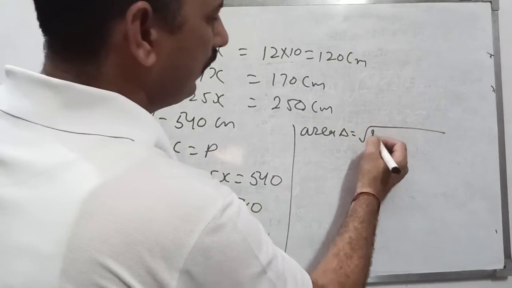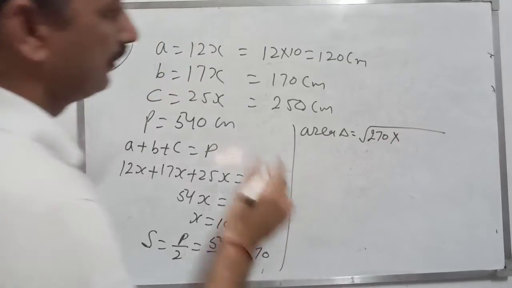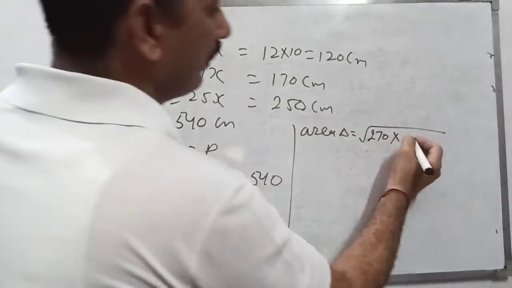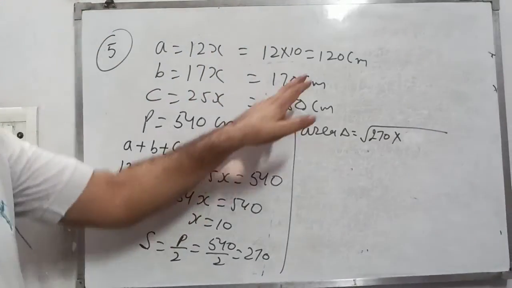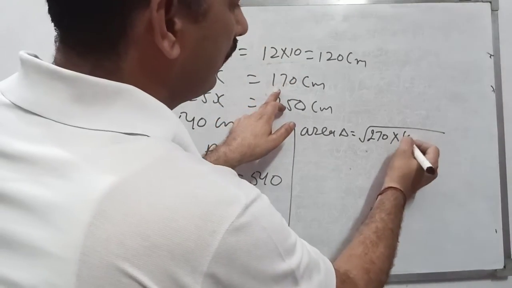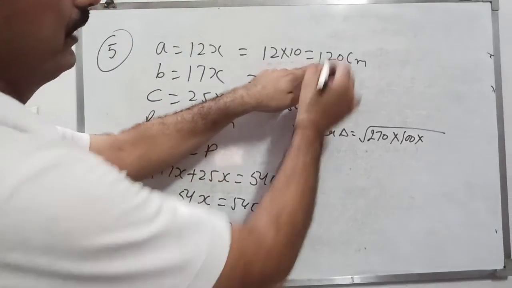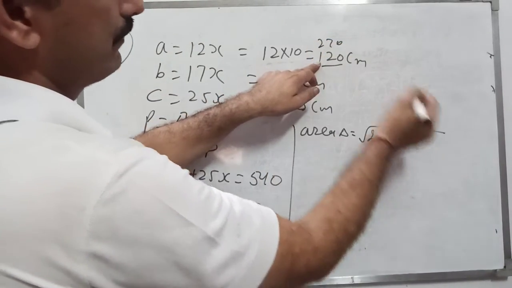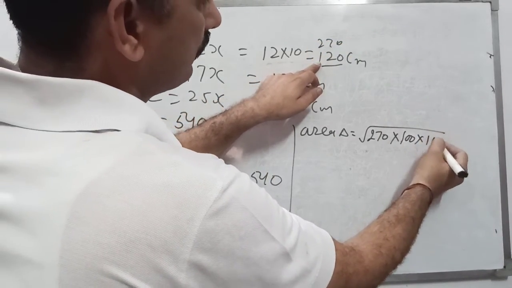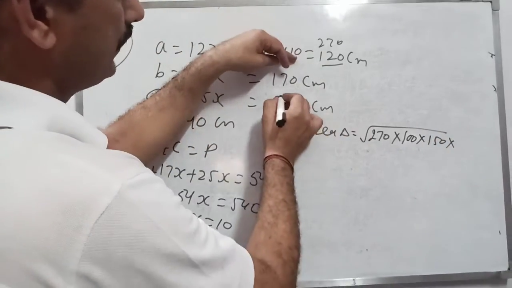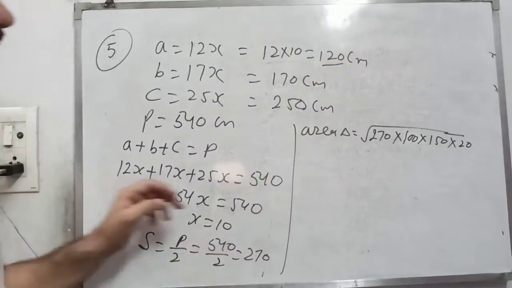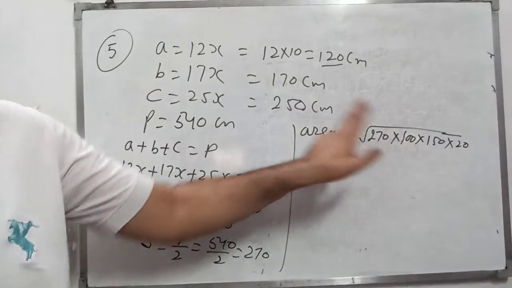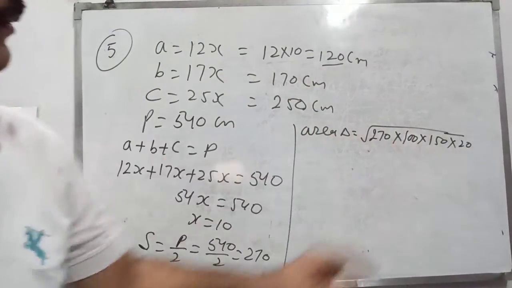So 270 into 270 minus 170, you get 100. 270 minus 120, that is 150. Then 270 minus 250, you get 20. Right? So 270, 100, and 150, then 20.